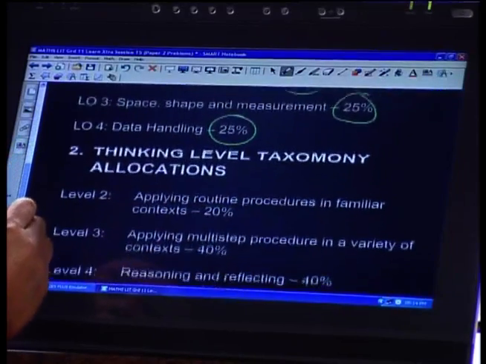Well, I got bad news for you. 25% of your paper is going to be on that section, because 25% is based on every single section. 25% LO1, 25% LO2, LO3 and LO4. You can't get away from it, folks. You've got to know all your work. Happy?